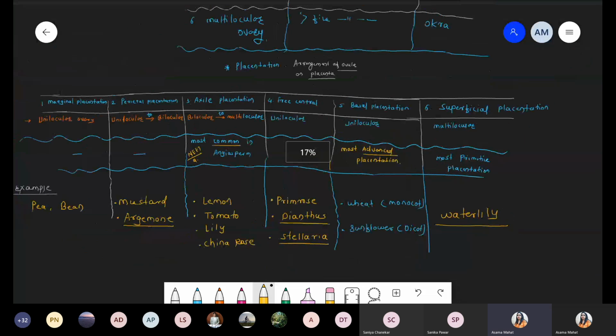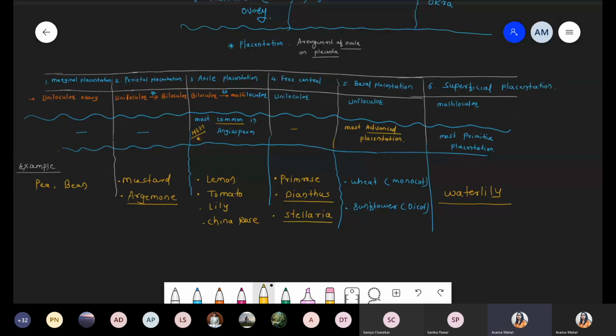So just check quickly. These are the types of placentation: marginal, parietal, axile, free central, basal, superficial. We discussed the number of locules, and the characteristics like most advanced and most common, with examples. Next class, we will discuss the diagrammatic representation from marginal up to superficial, how it looks.